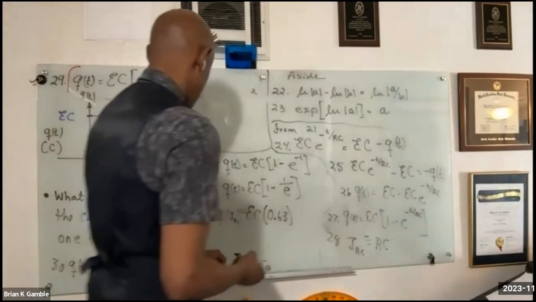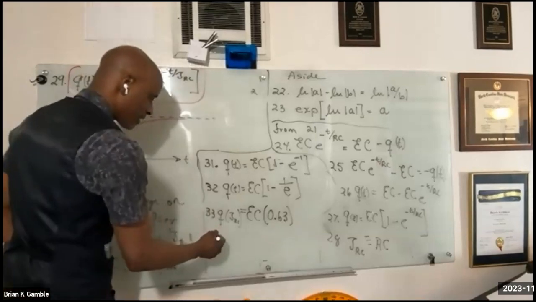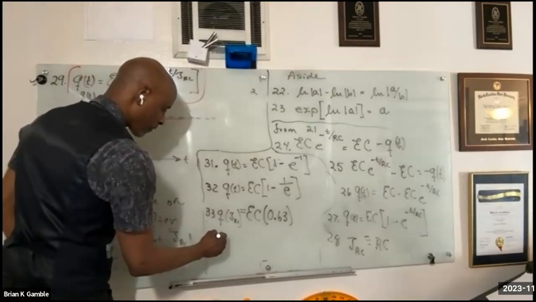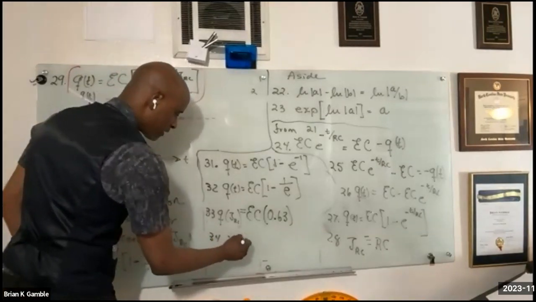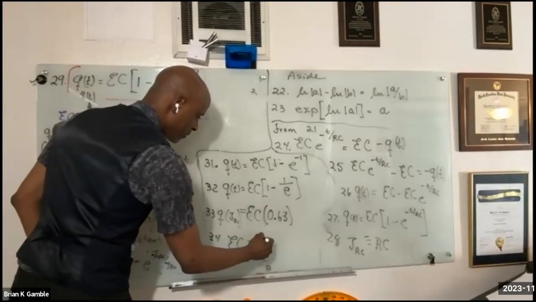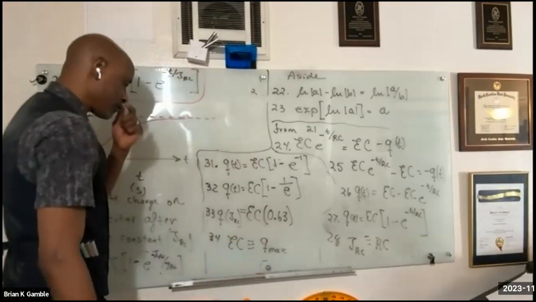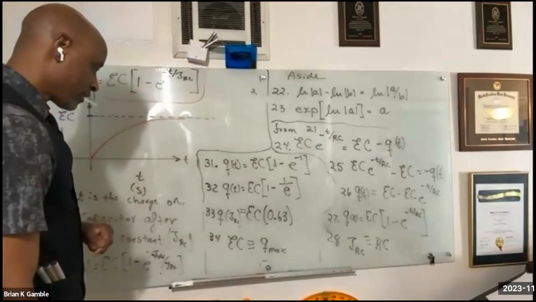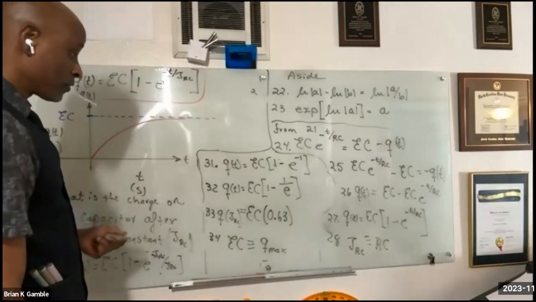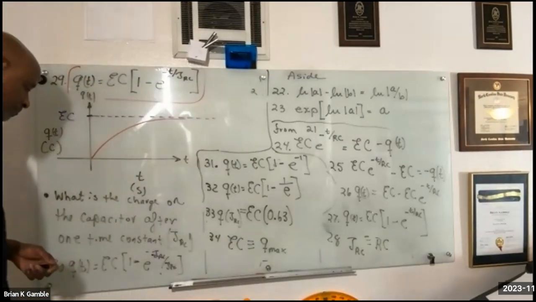I can say that EC is defined as the maximum charge on the capacitor, which obviously makes sense if you think about it. We talked about it the other day when we first introduced capacitance a couple of weeks ago.